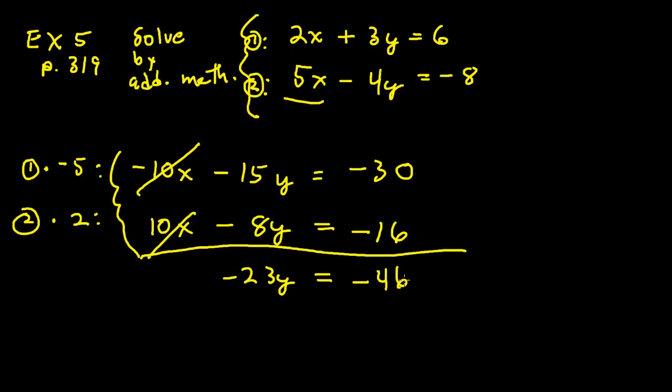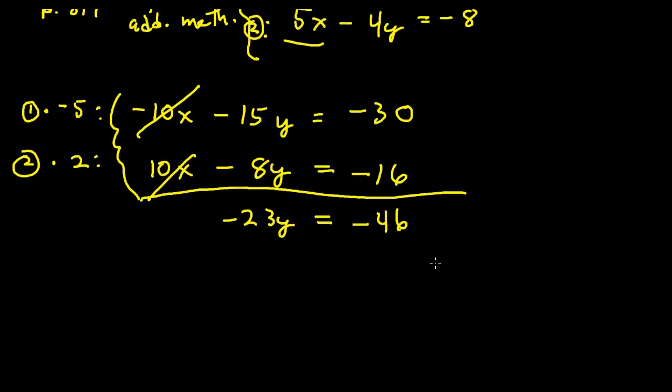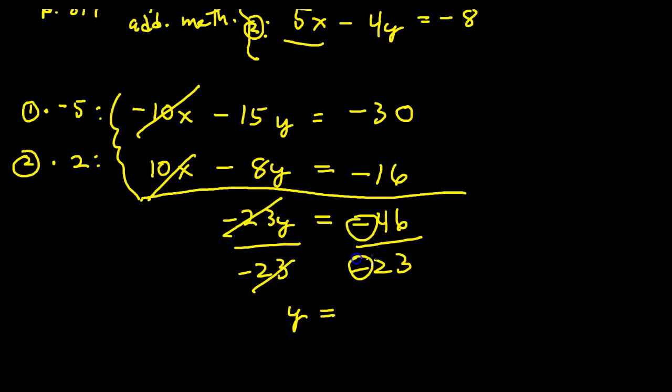And I believe 46 is a multiple of 23. So if I divide both sides by minus 23, the minus 23's cancel on the left, and I get positive y equals, and a negative over negative is a positive, 46 over 23 is, of course, 2. So y equals 2, and I'm halfway there.